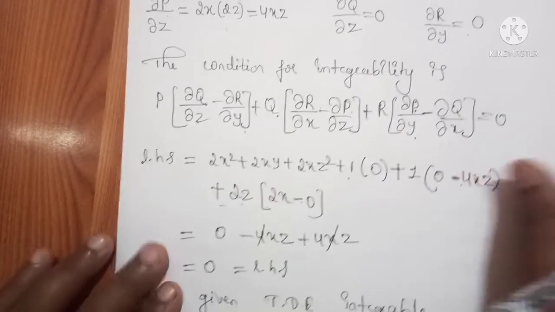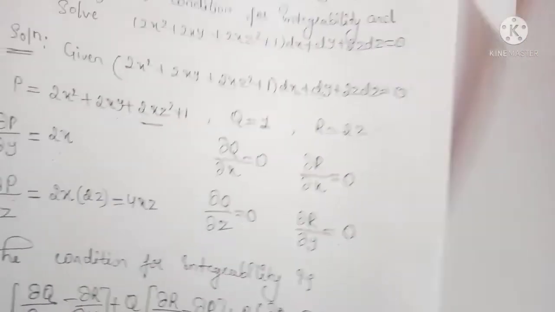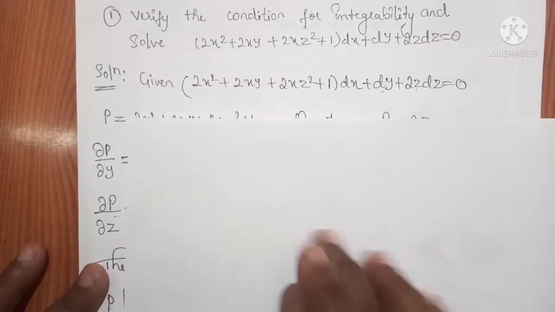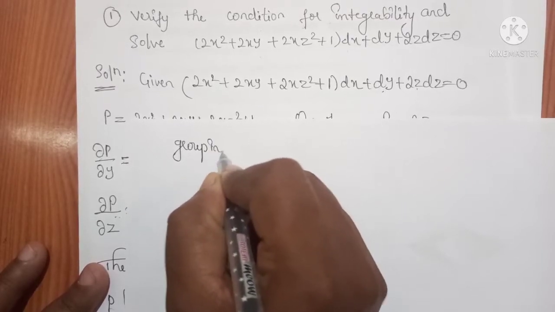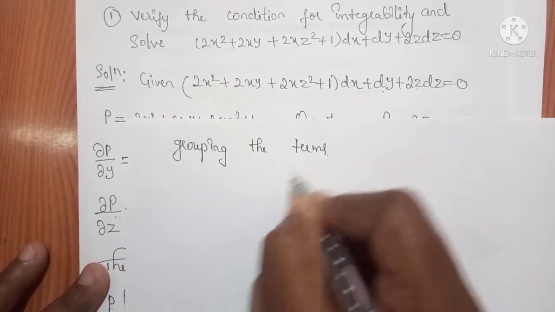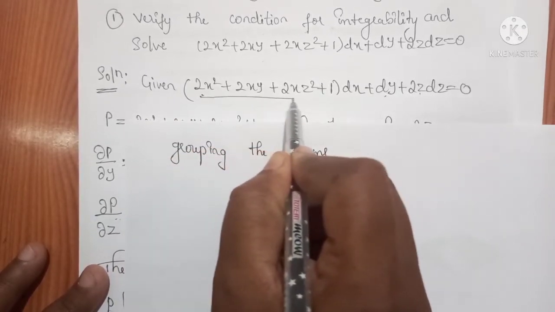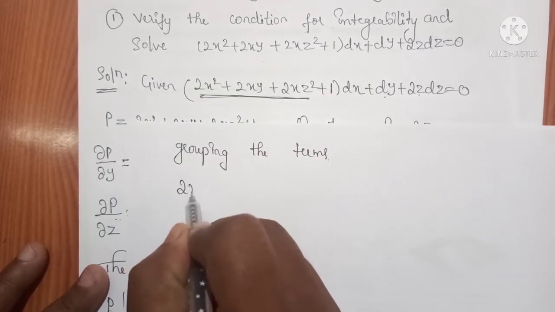Okay, so next, to find the solution, we write the given equation by grouping the terms. We use the method of grouping the terms. So grouping the terms, here you can observe that in these three terms I take 2x as common.